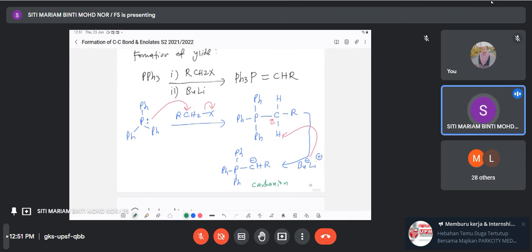Okay, I forgot something. This phosphorus is actually positive charge, because this is neutral phosphorus with 3 covalent bonds and 1 lone pair. Phosphorus already donated that lone pair to carbon, so it now has 4 covalent bonds, which is an abnormal number, so it carries a formal charge of positive 1. Sorry, I forgot. So you have this phosphorus with positive charge.